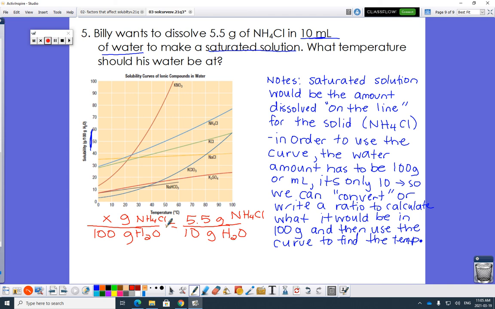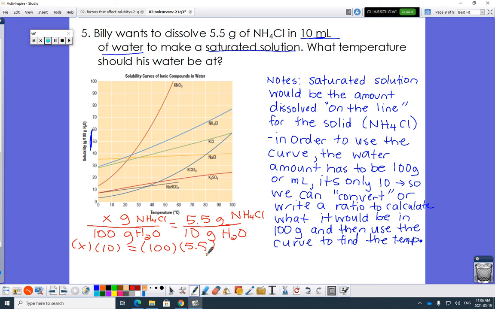You know what? I'll cross multiply, but it really doesn't matter. You can do inverse operations. X times 10 equals 100 times 5.5. Decide how much work you want to show. 5.5 times 100 is 550.